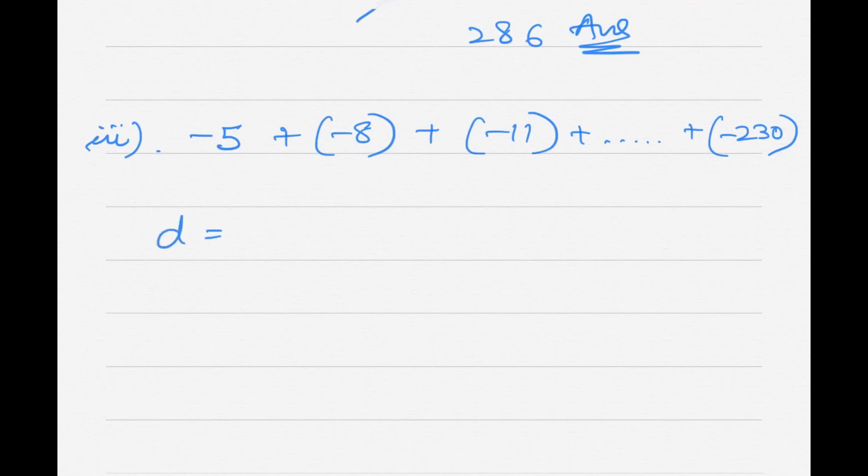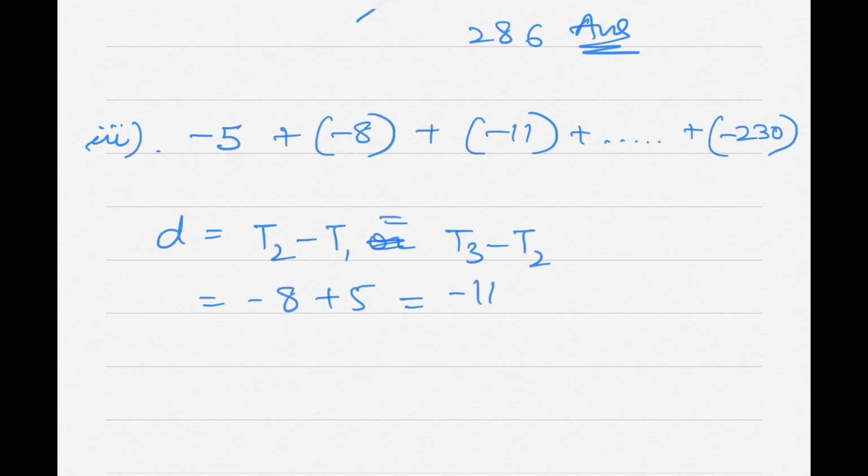So my d would be the second term minus the first term, or the third term minus the second term. So this is minus 8 plus 5, minus minus becomes plus. I can write the equal sign here also, and the third term is minus 11 minus minus 8, plus 8. So this gives me minus 3. So yes, it is equal. So I can say that it is an AP, right?